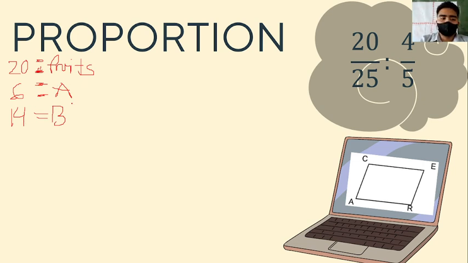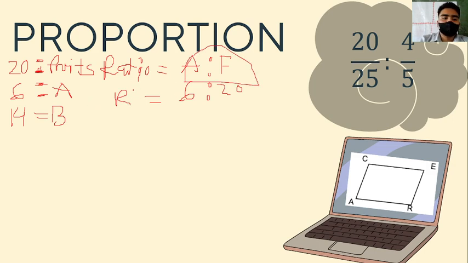In proportion, a while ago you were asked, what is the ratio? Ratio of apple and fruits, isn't it? That's the one that was asked of you. 6 and 20, so it is 6 over 20. That is the ratio of the apple and the fruits.